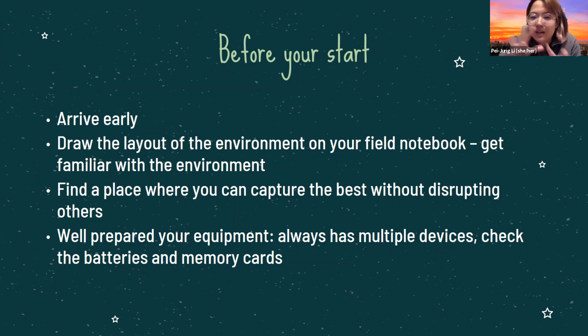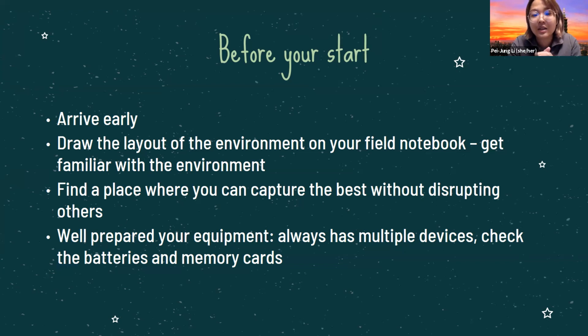So you want to find a space where you can see almost everyone, or at least the person you want to observe, but at the same time you are not really influencing others a lot.